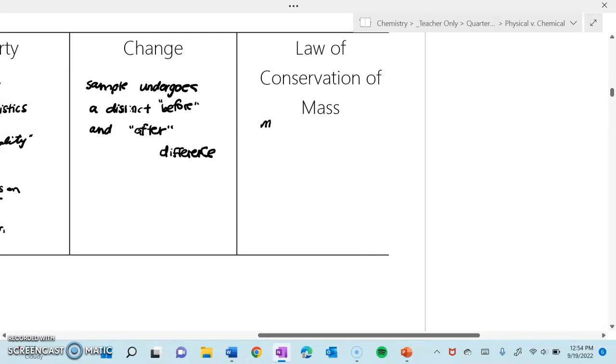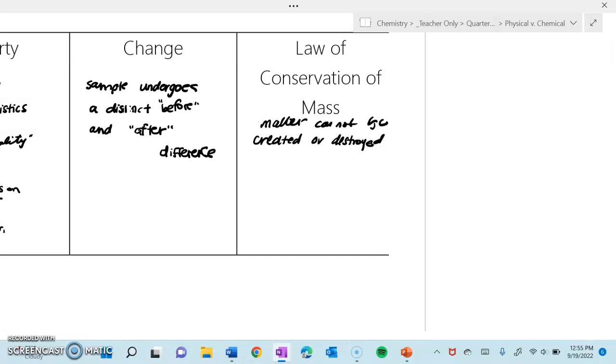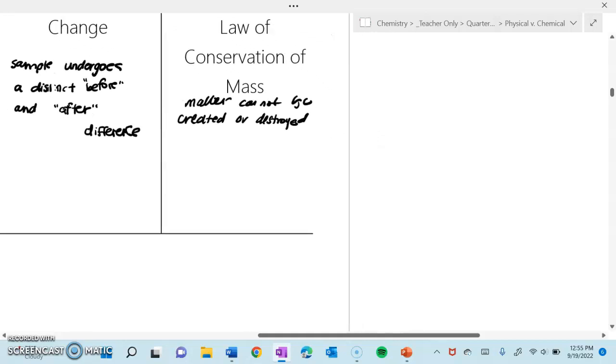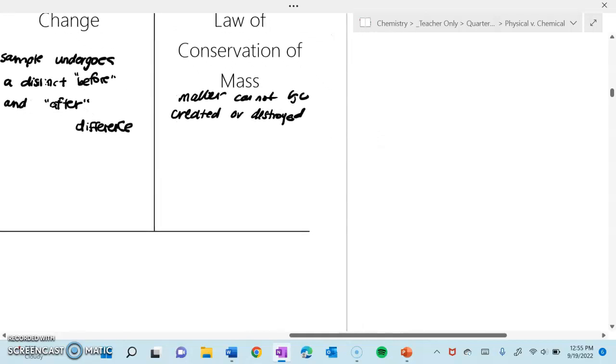So if we are defining the law of conservation of mass, it states that matter cannot be created or destroyed. And what this means is that matter can only be transferred or rearranged in a change, but it can't just, like I said, appear or disappear out of thin air.